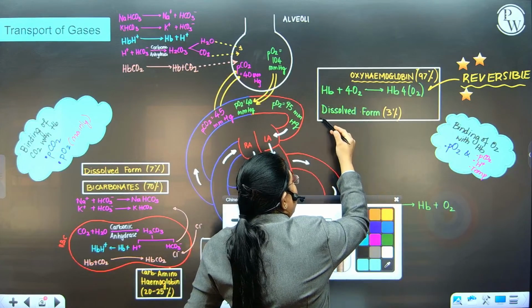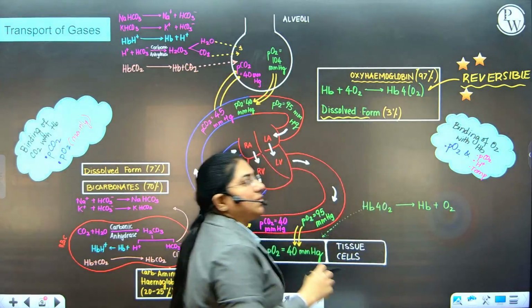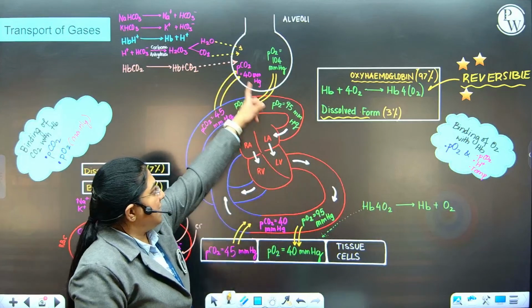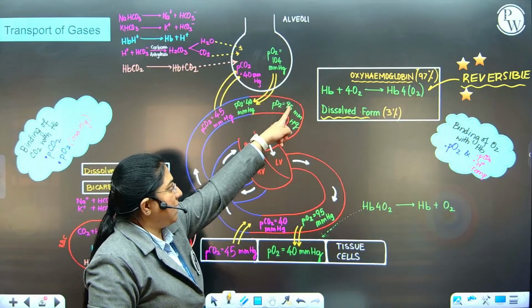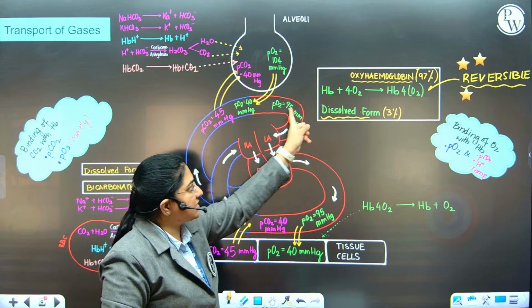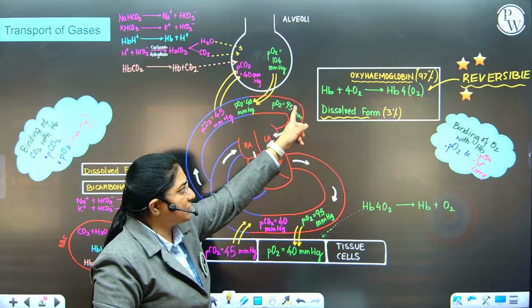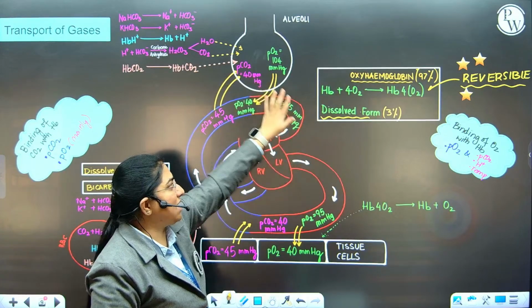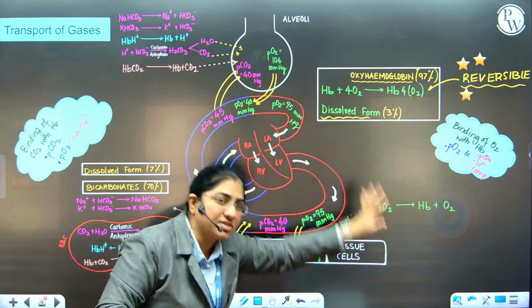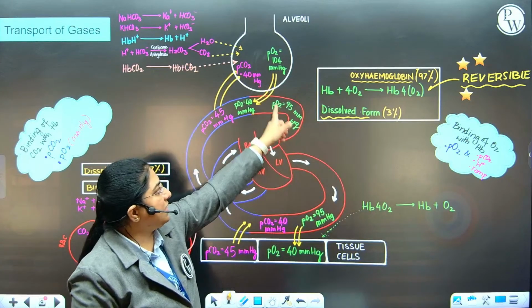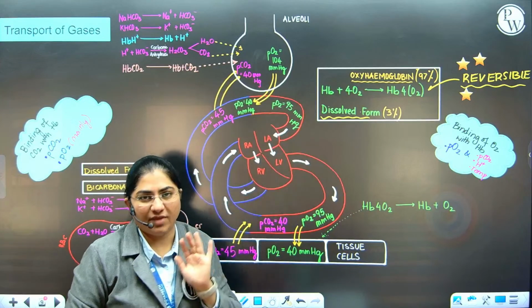And 3% is in the dissolved form in the plasma. Thereby, the oxygenated blood has 97% oxyhemoglobin, 3% dissolved oxygen, and the partial pressure of oxygen in the oxygenated blood is 95 mm of Hg.